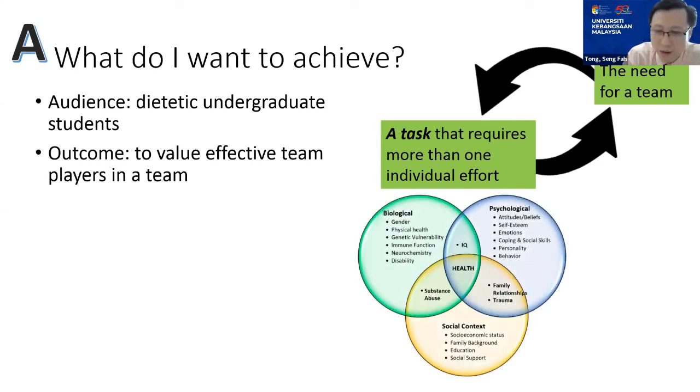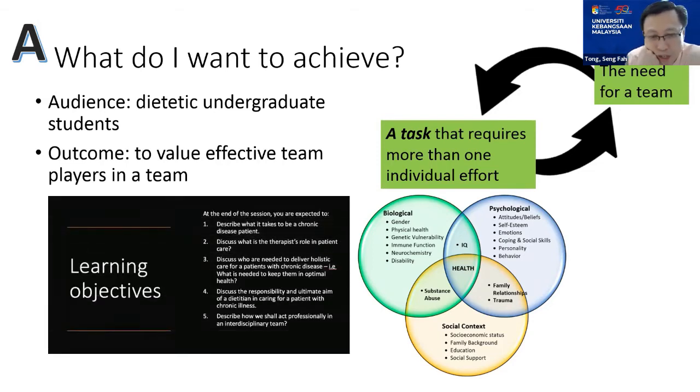If they do not understand that health is complex, then how can they work in a team? They will probably work in silos. So these are the thoughts I had before designing what I'm going to teach. By knowing this, we can go back and redesign what we really want to tell the students. There comes the objective of a session. We know that for every class we create, we must have an objective, like learning outcomes.